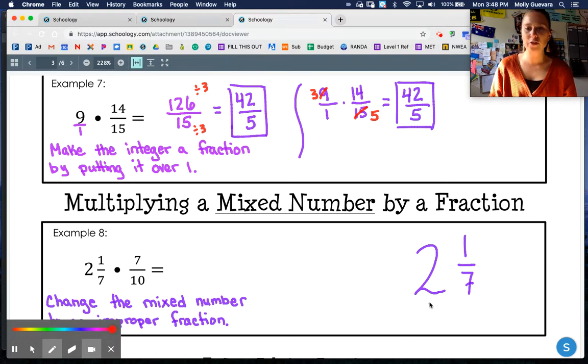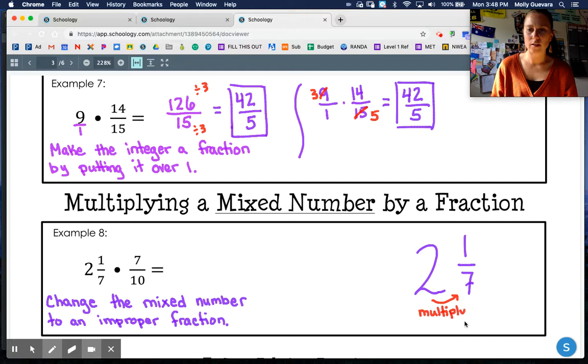So what you do is you take your whole number and you multiply it by the denominator of the fraction. So 2 times 7, you multiply that. And then whatever you get, you add the numerator, the top.